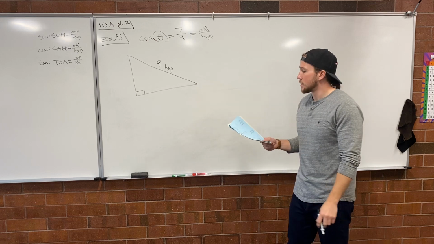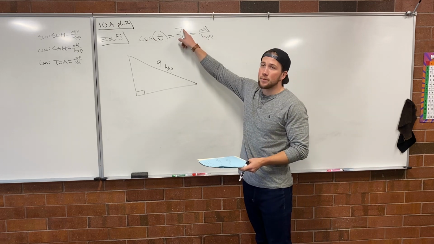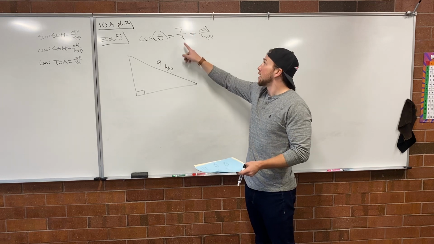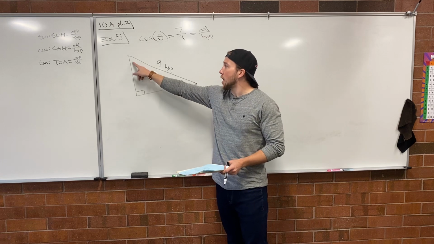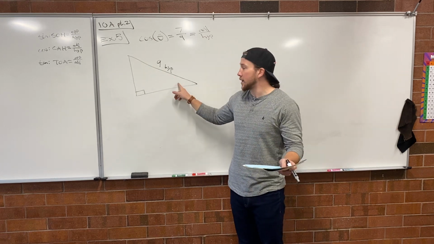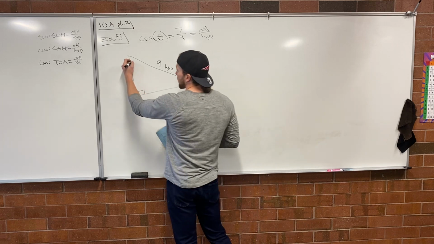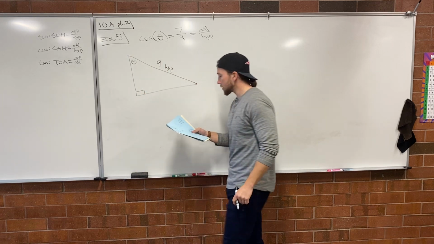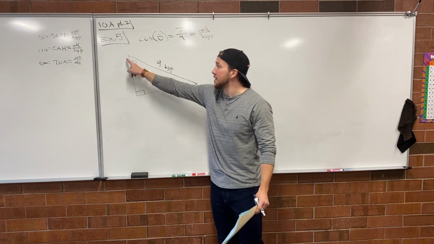Okay. So now wherever I put 7 depends on how I define the angle theta. So I'm going to put theta up here, and I'm just picking that. I could put it here if I wanted to. It's just going to flip-flop where we put our side length. So let's put theta up here, which means that 7, the adjacent side length, has to be next to that angle.